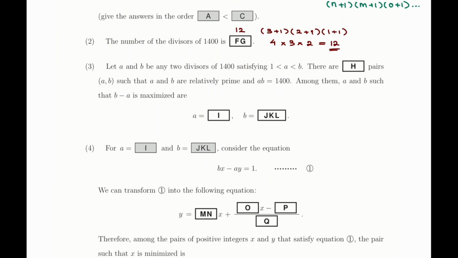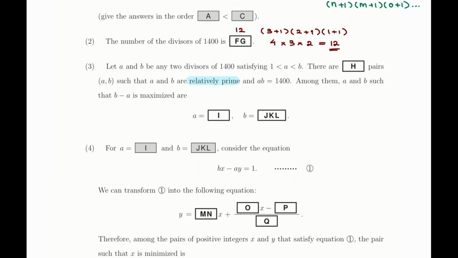You need to know the definition of relatively prime. Relatively prime means the common factor of both numbers is 1. So there is only one common factor of both numbers, which is 1.